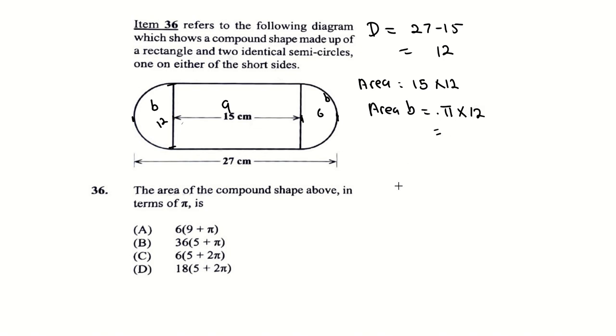So now if I add this all up, this would be 15 times 12 plus pi times 12, right? And if I know anything 12 they have in common, this is going to be 12 open bracket 15 plus pi. Right? We're looking for something that looks like that.